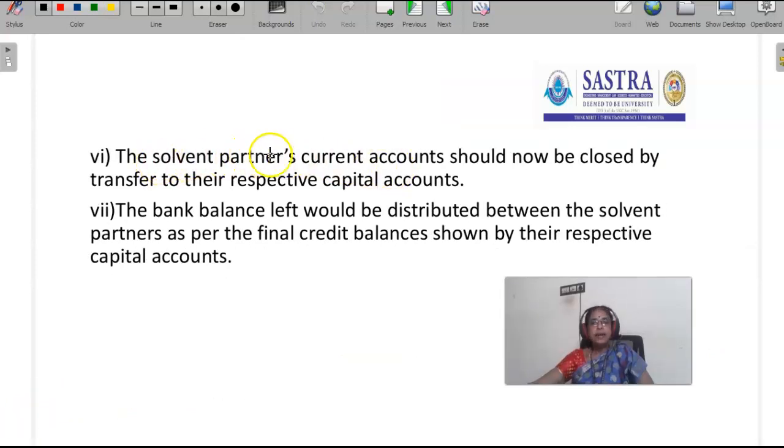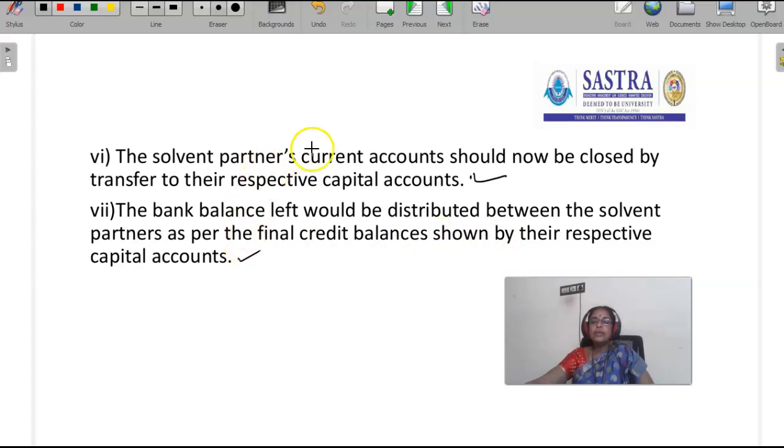Then the solvent partners' current accounts should be closed by transfer to their respective capital accounts. The bank balance left would be distributed between the solvent partners as per the final credit balances shown by their respective capital accounts.